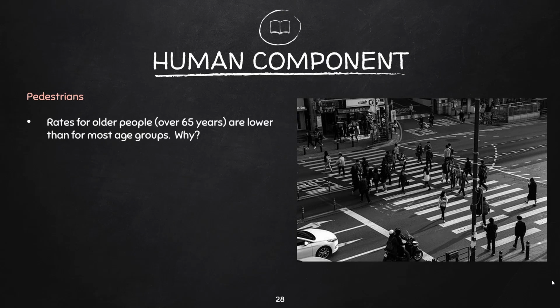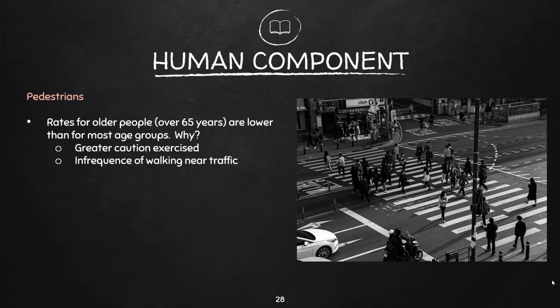The rates for older people over 65 years old are lower than for most age groups. Why? Because older people are somewhat more careful, perhaps. That is why the rate of accidents for older people is lower than for most age groups.